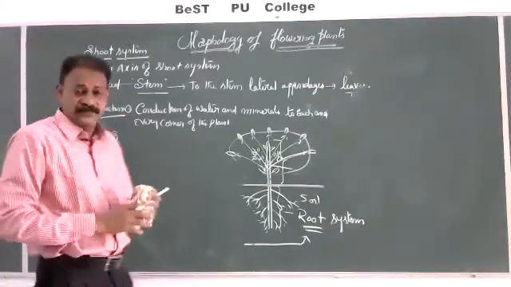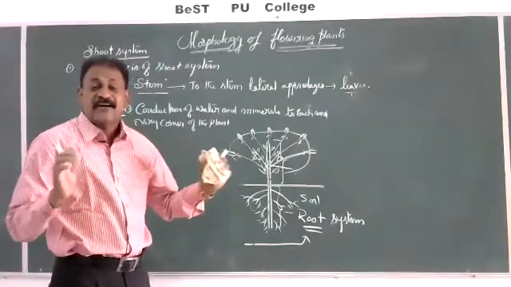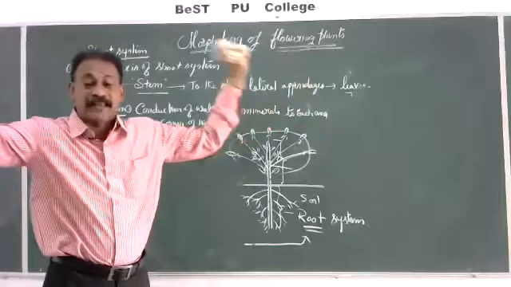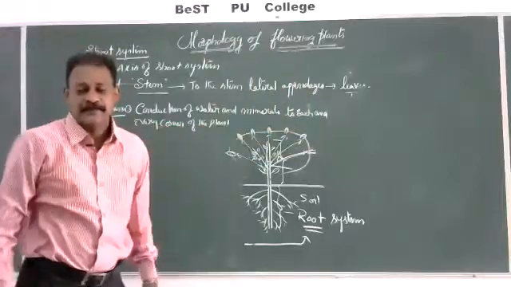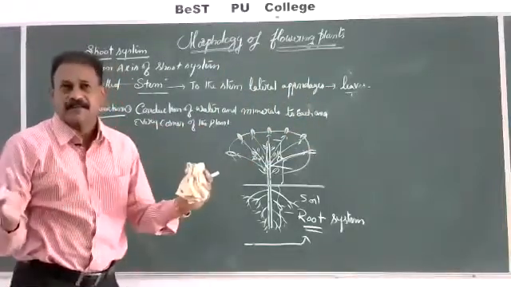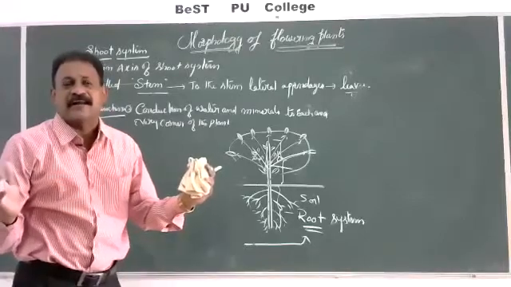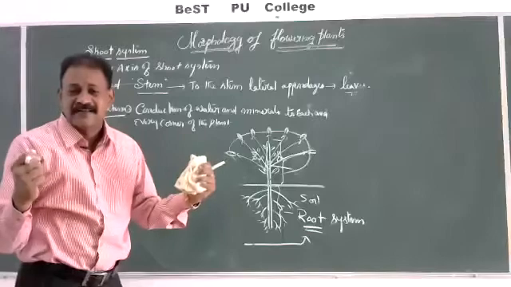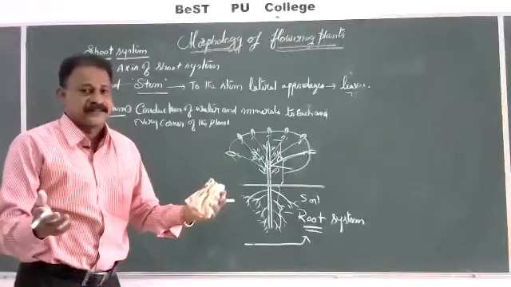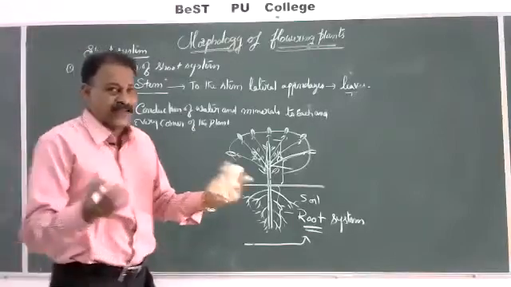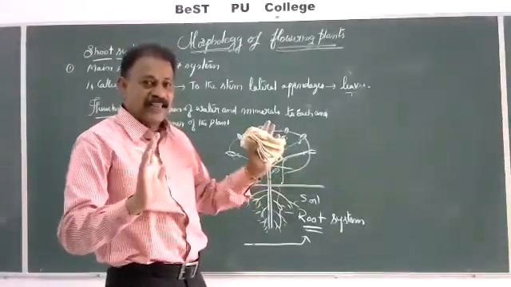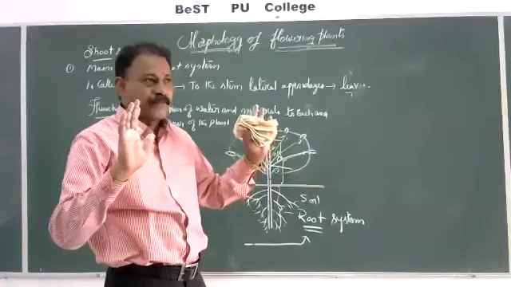It gives mechanical support to the leaves to expose them properly to the sunlight. Mechanically, leaves are strengthened, and it is the stem, the main axis, which will make the leaf stand perfectly.